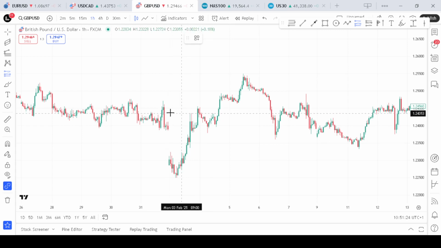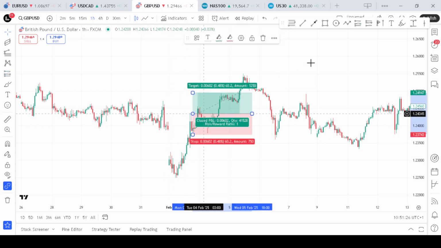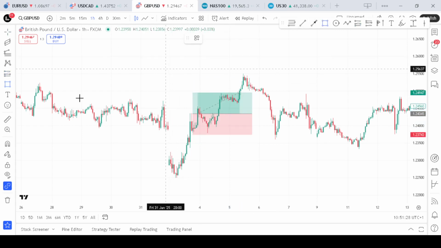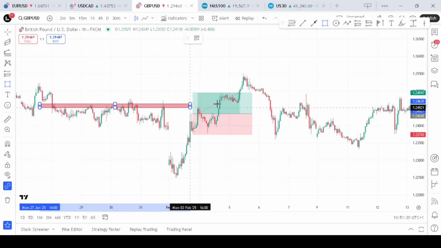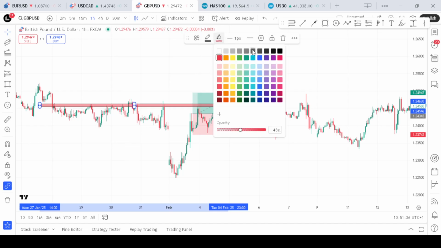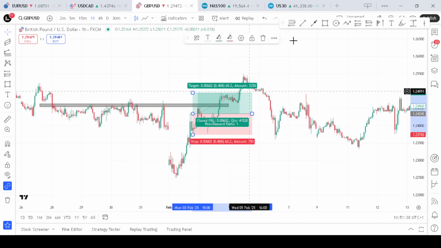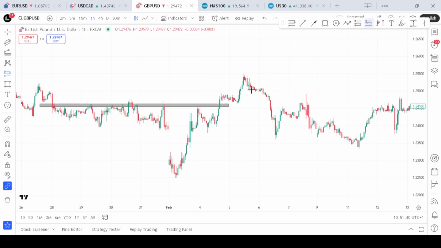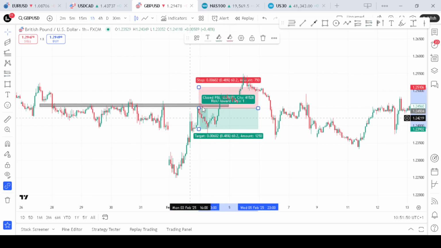We decided that when price gets to this resistance level, we would take a sell trade. When price broke structure and came back to retest that area, we decided to take a trade from the resistance line.